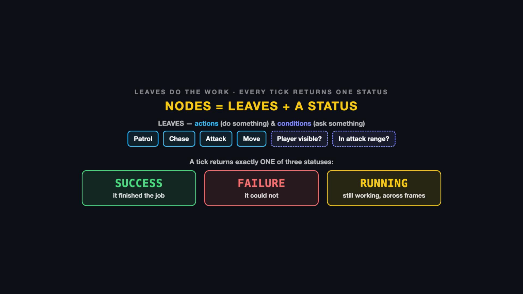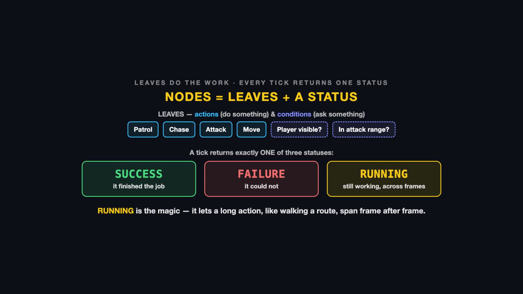Every node, when it runs, when it ticks, returns exactly one of 3 statuses. Success, if it finished. Failure, if it could not. Or running, if it is still working, mid-action, across many frames. That running status is what lets a long action, like walking a route, span frame after frame. Hold on to those 3 words.